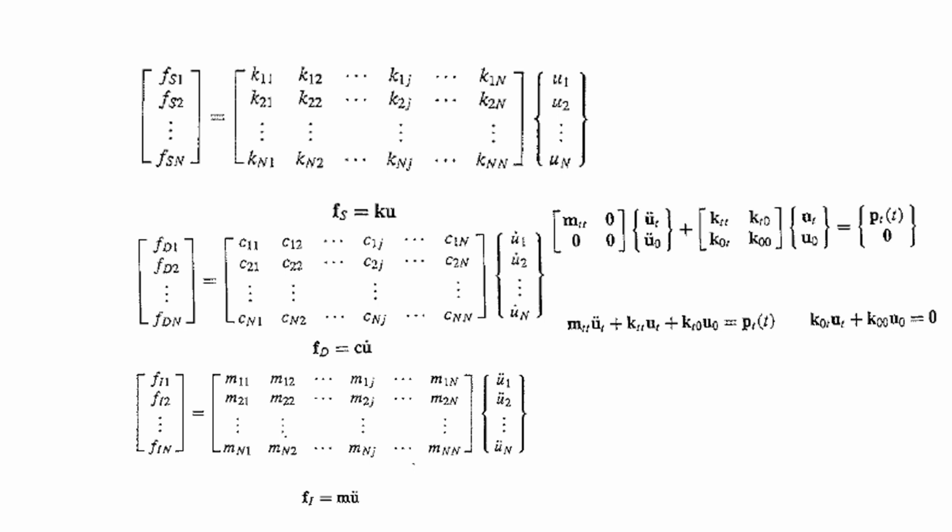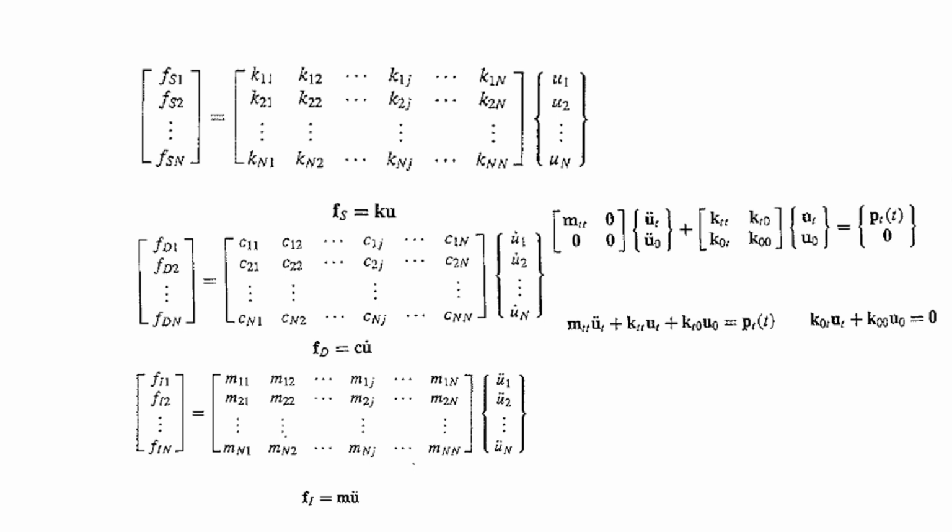Thereby mtt is the mass matrix here for the translational degrees of freedom, and u0 is the deformation associated with the rotational degrees of freedom.